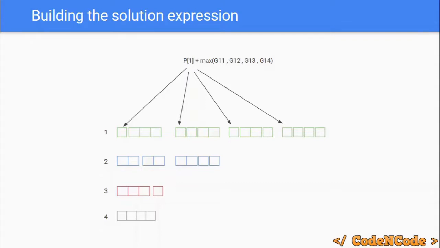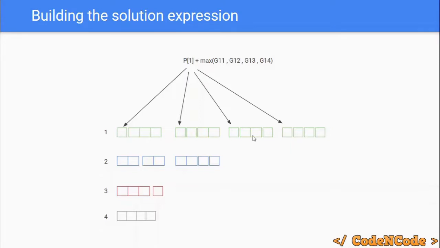Because dp of 3 stores the maximum profit you can achieve using length 3, and that is exactly what we want here. We want the maximum of the profit you can achieve using a length 3 rod, and that would be dp of 3. That is why we have p1 plus this expression, which would be dp of 3, basically pi plus dp of n minus i.